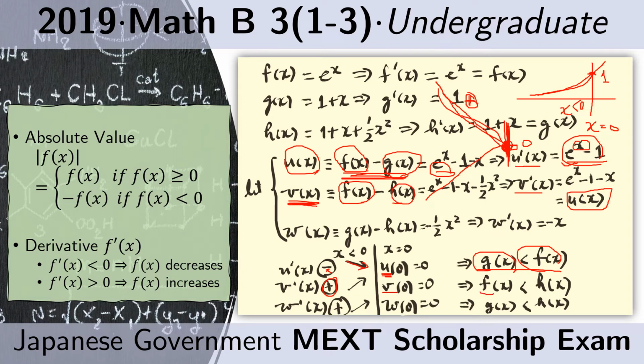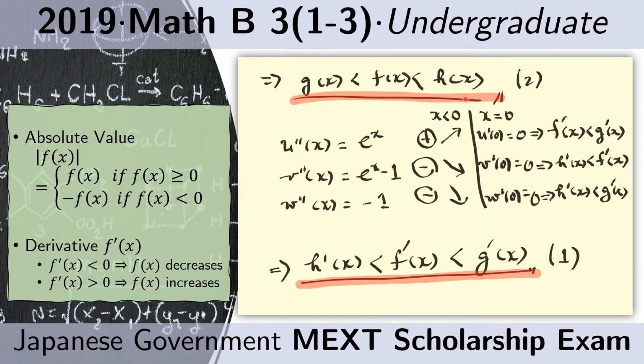And that is how we got this bit. And now it is clear that g must be the smallest among the three, and h must be the largest among the three when we are talking about the interval where x is less than 0.